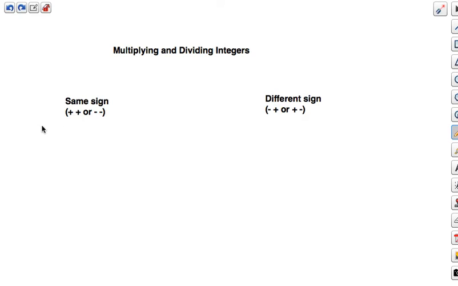So let's go ahead and look at a couple of these. Let's say we have 3 divided by 3. Okay, so that is going to equal 1. Same holds true if we have negative 3 divided by negative 3. That is going to be a positive 3. Or I'm sorry, positive 1.